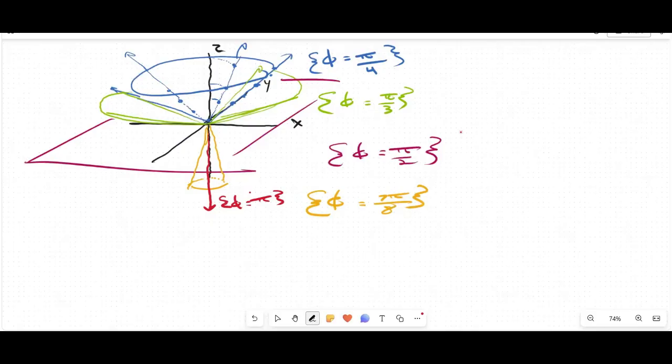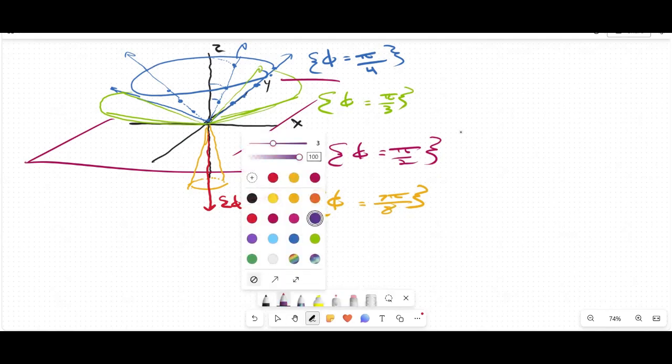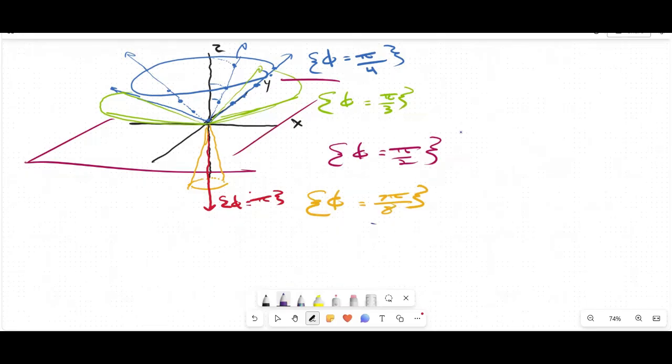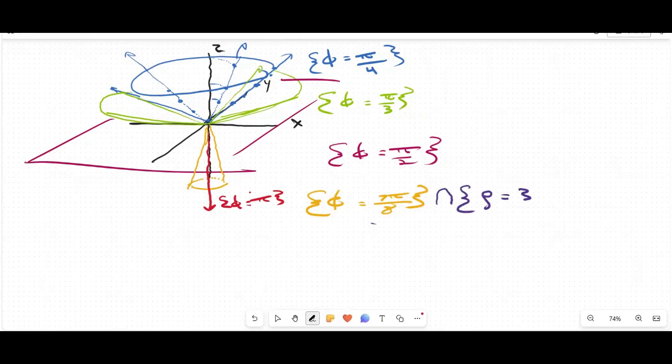Now, what if we chose to pair these sets? Let's do a purple maybe. Let's take phi equals 7 pi over 8, and we intersect that set with something like rho equals 3. So we want all the points where phi equals 7 pi over 8. That's all the points on that yellow cone.